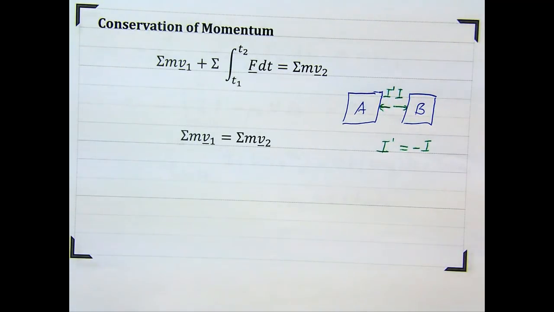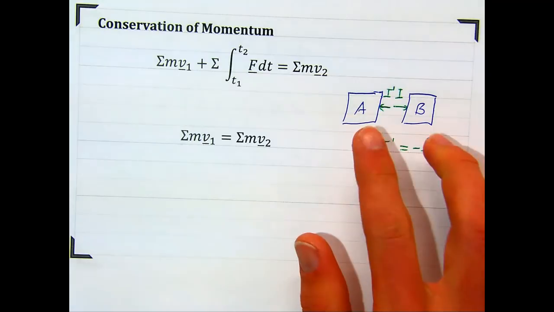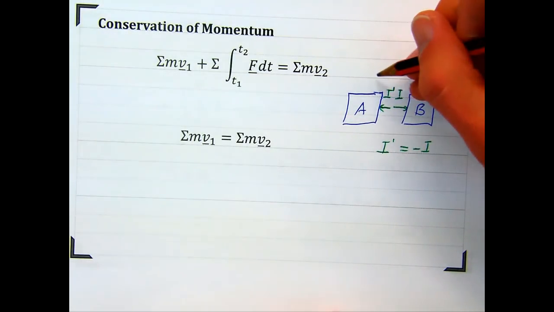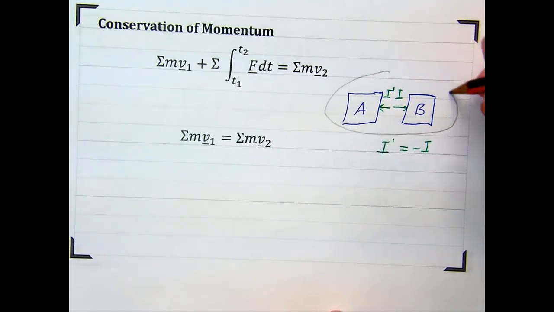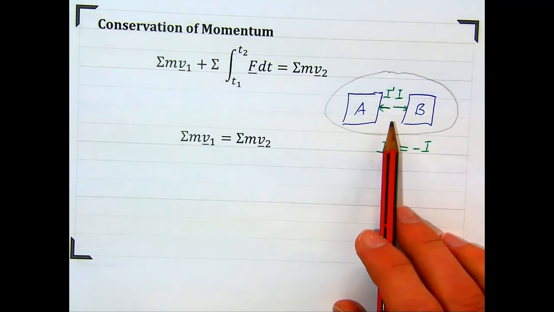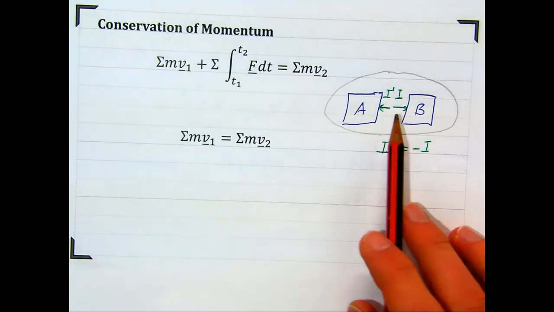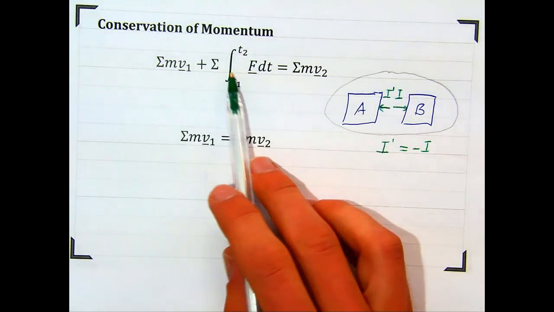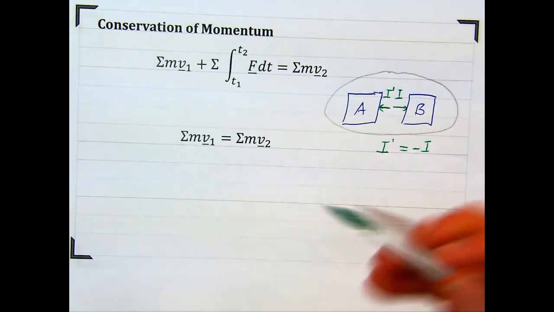If we now consider the system as a whole, so if you consider part A and B together, and we choose the system boundaries around both of them, then these two impulses become internal forces, which allows us to cancel them, and that then means that this term in the middle falls away.